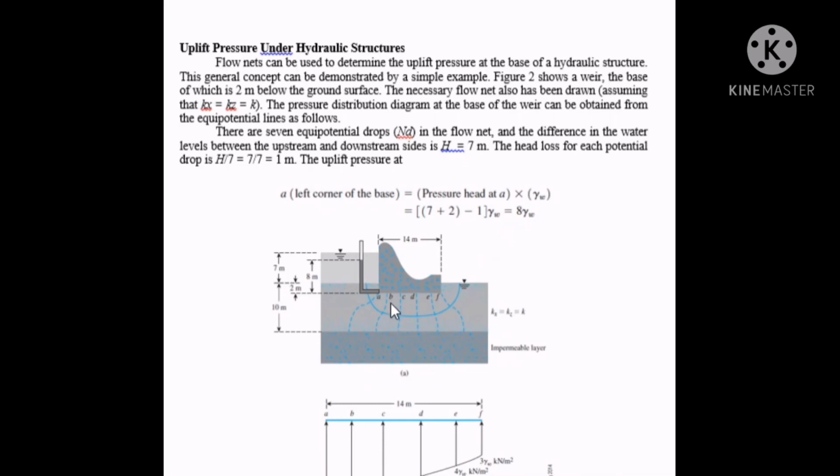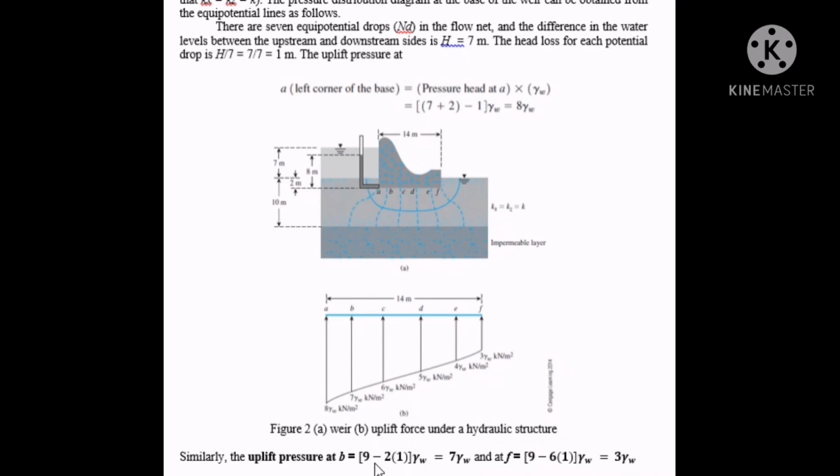So for letter B here, this will be equal to 7 plus 2, that will be 9, minus, this is the second equipotential line, that's why there will be 1, 2. So 2 times ang head loss per potential drop, which is equal to 1 meter.